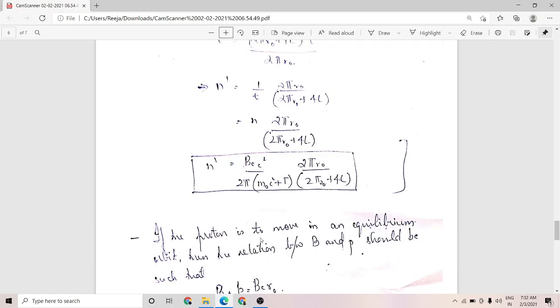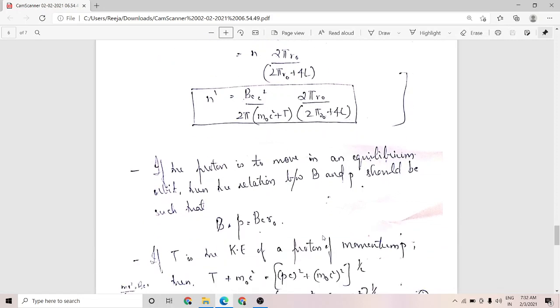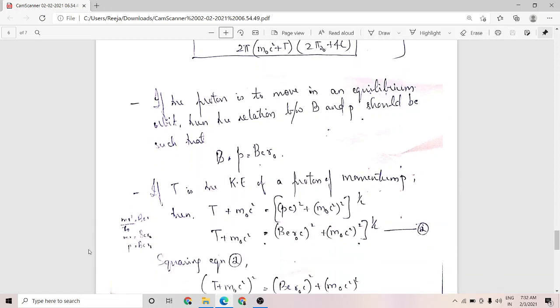Now, if the proton is to move in an equilibrium orbit, then the relation between P and B, that is the applied magnetic field and momentum, is given as momentum equal to Ber0. That is simply obtained from mv square by r0, the centripetal force, equal to BeV, the magnetic Lorentz force. So from that you will get P is equal to Be r0.